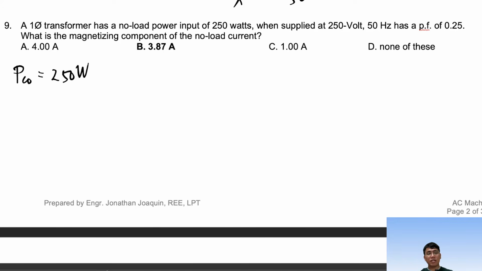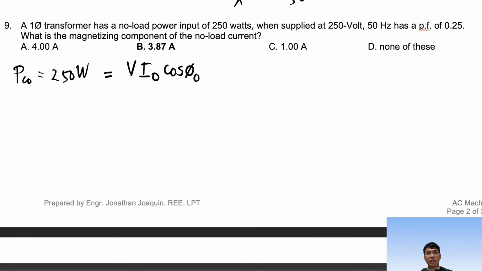Take note that in a no load test, the core loss is equivalent to the input voltage V times I sub naught, which is the no load current, multiplied by cosine theta.